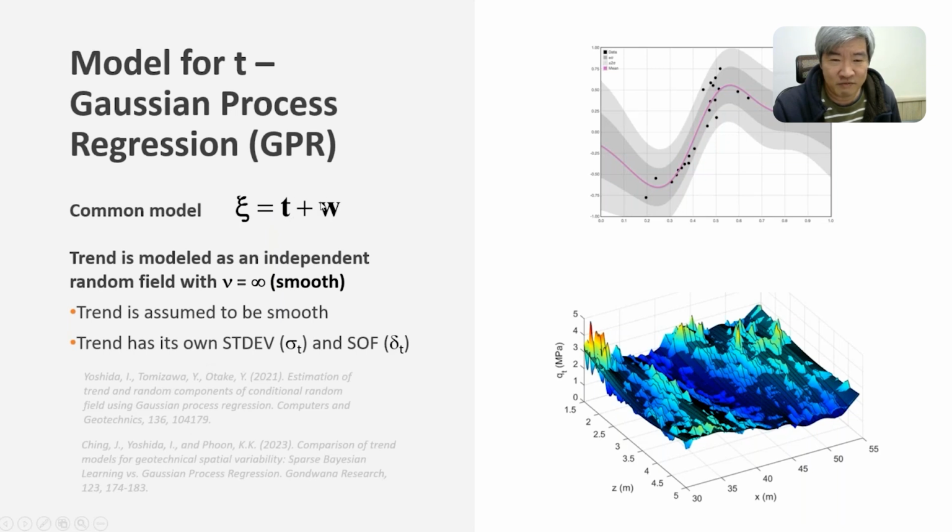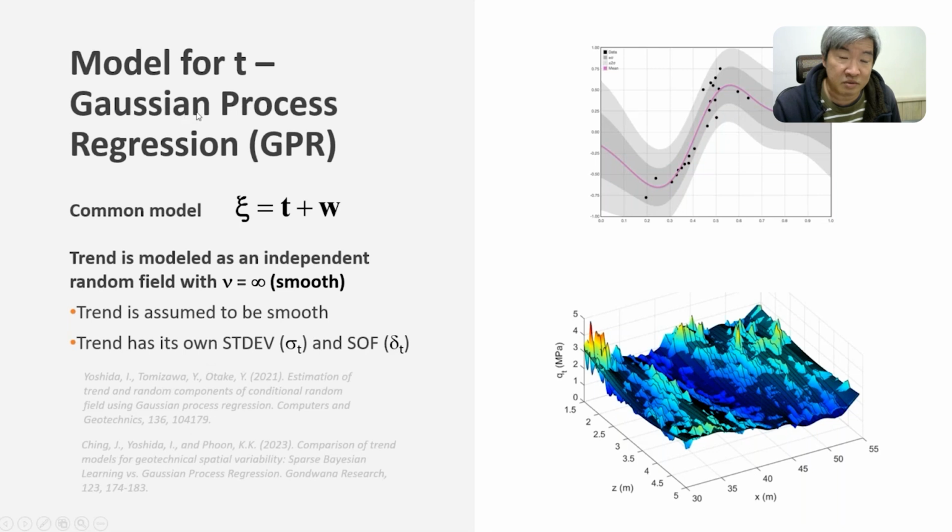Both are random fields, and they are independent random fields. The main difference is that for the trend part, we assume the smoothness parameter is infinity. That means it is very smooth. The trend part also has its own standard deviation, sigma t, and scale fluctuation, delta t.